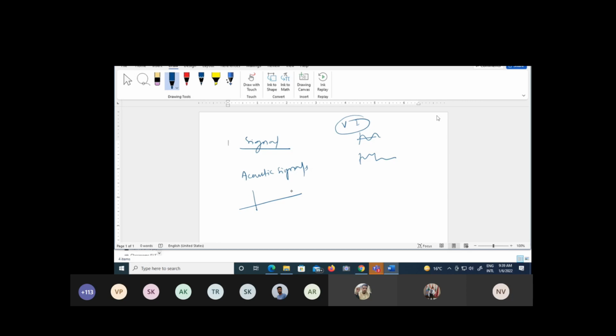Suppose we are measuring the temperature of this room throughout the day. We take a time interval, measure the temperature at each interval, and we get a signal. The signal value varies with time, so this is a one dimensional signal.